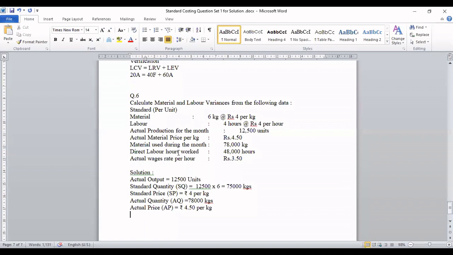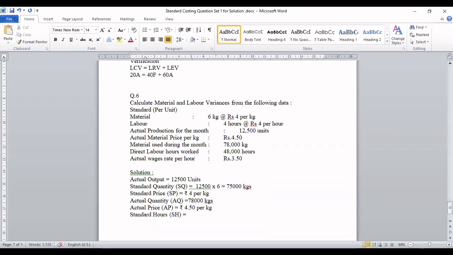Very good. Now, beta, should we move to the next part, labor variances? Yes, sir. Very first thing we need is standard hours, which we denote by SH. It is 4 hours for 1 unit.